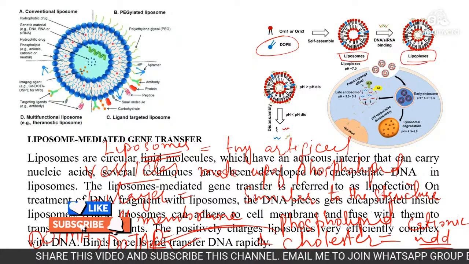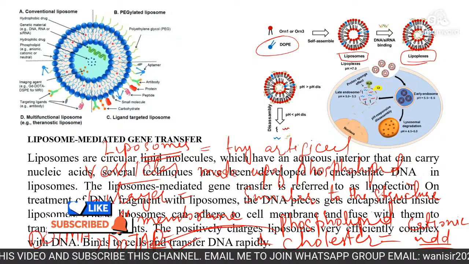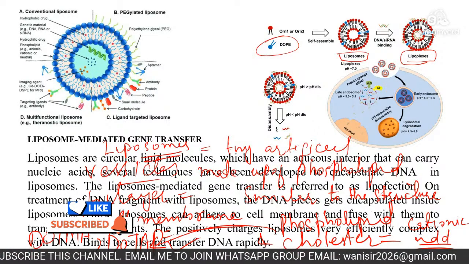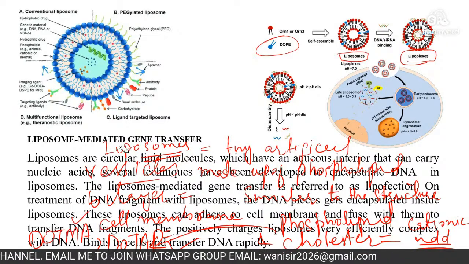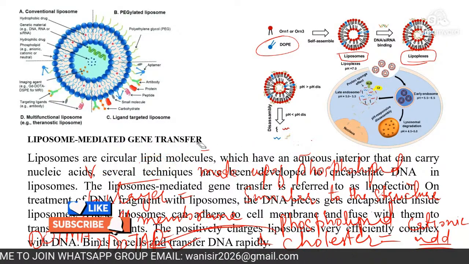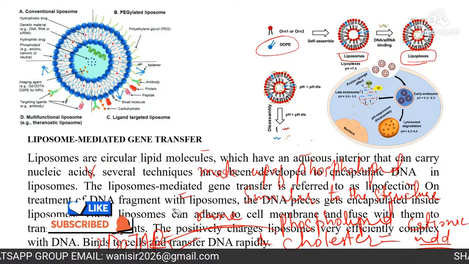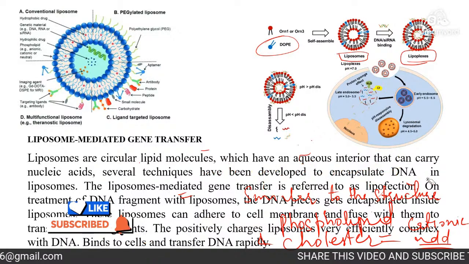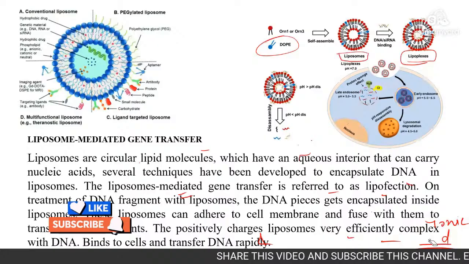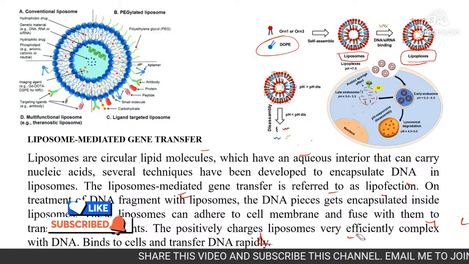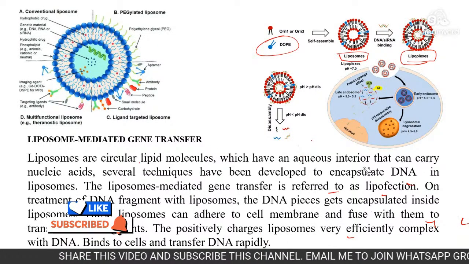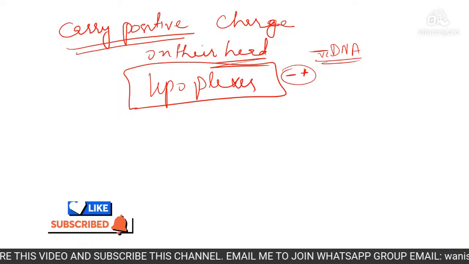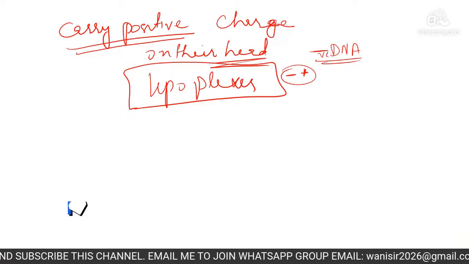This is mostly asked in examinations: what are lipoplexes? In interviews, people ask: do you know about liposomes, what are lipoplexes? Sometimes they also ask about the purpose of binding these cationic phospholipids.